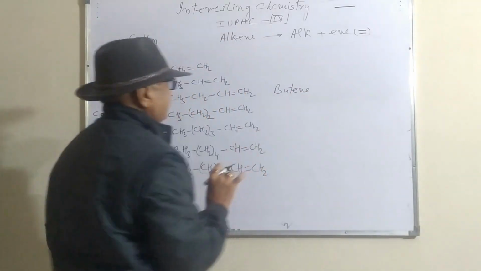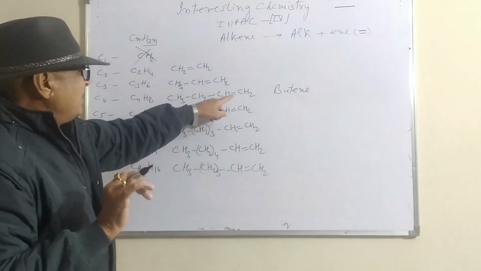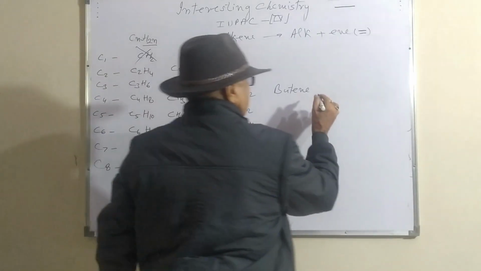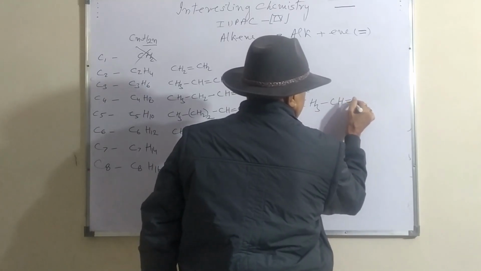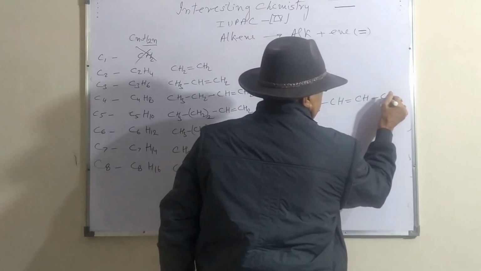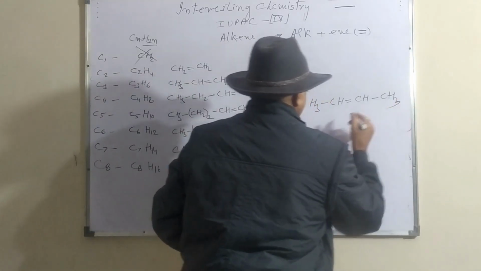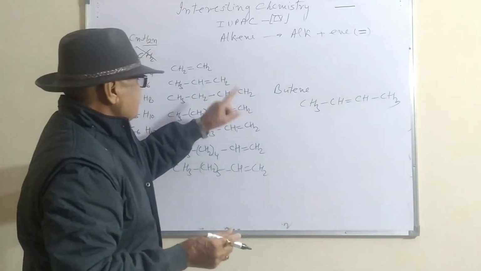But here you should understand one thing: I have written this double bond from this end. So you write CH3-CH=CH-CH2. The place of this double bond can be changed.